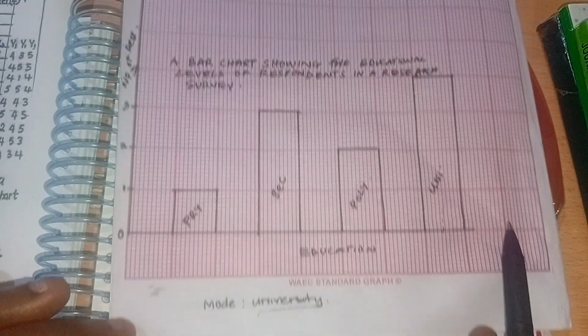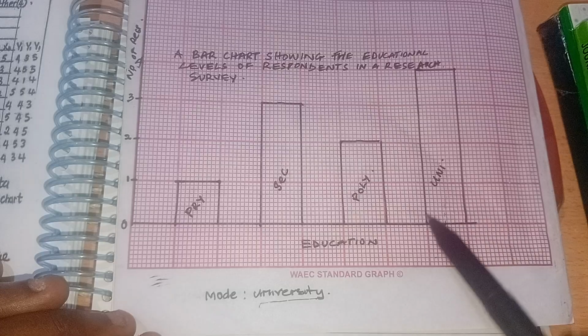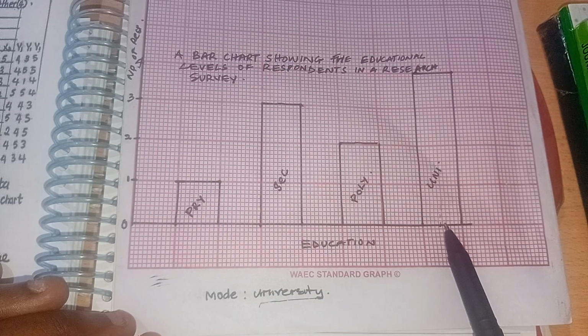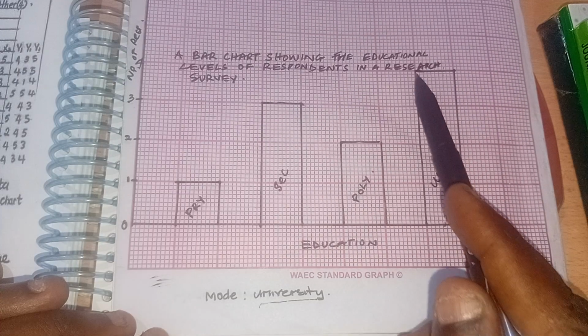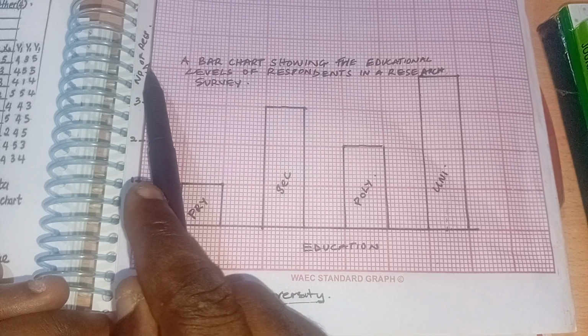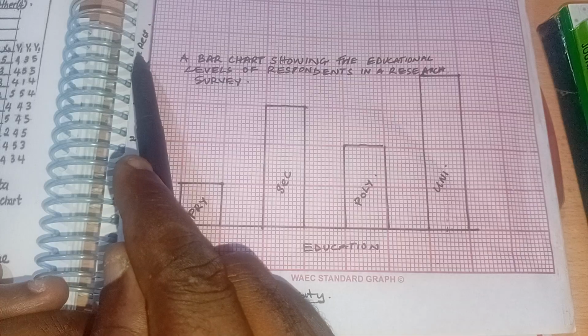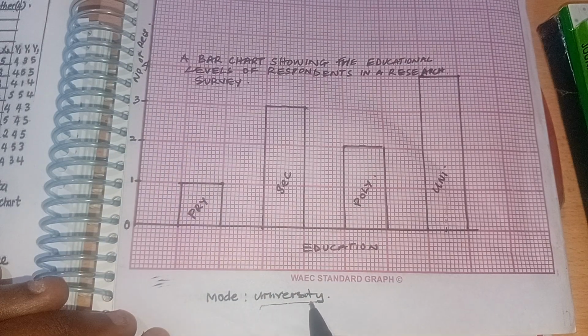Now, the mode is to be determined. To determine the mode is the level that has the highest rectangle, and the highest rectangle goes for the highest number of respondents. So the level that has the highest number of respondents is nothing but the university.